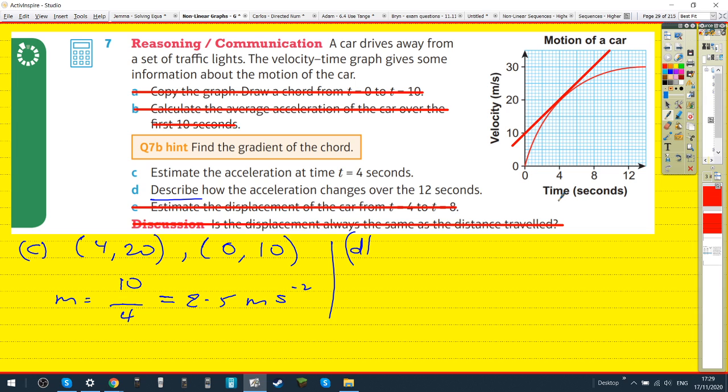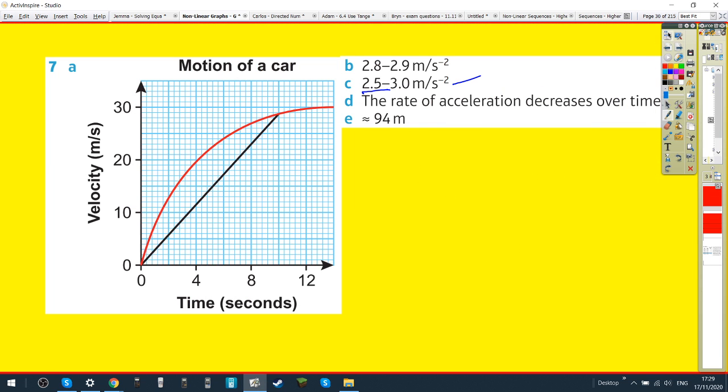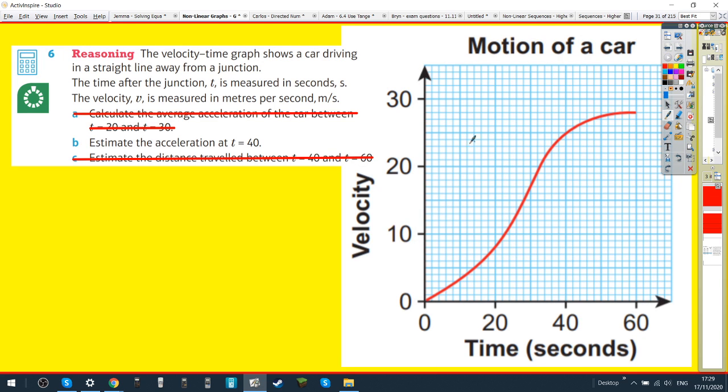The steepness of the line, I think, is going down, decreasing over time. Like it's kind of flattening out. It started very high at first, and then it's kind of slowing down. The rate of acceleration decreases over time. That's it.